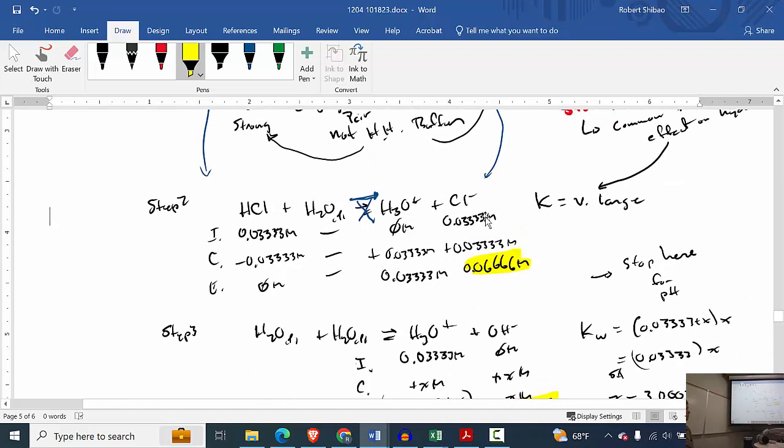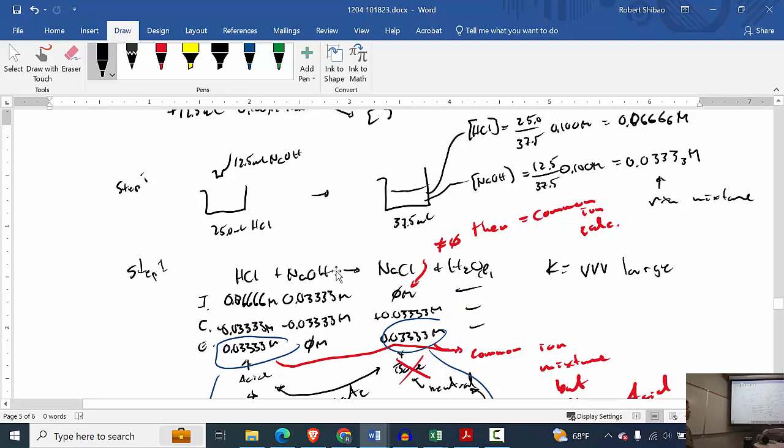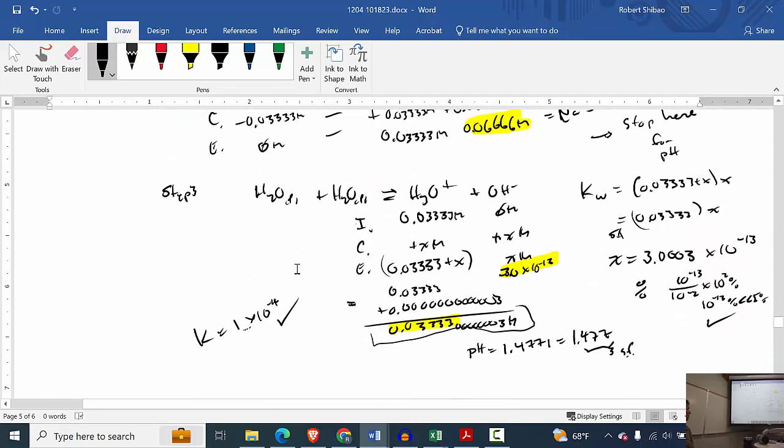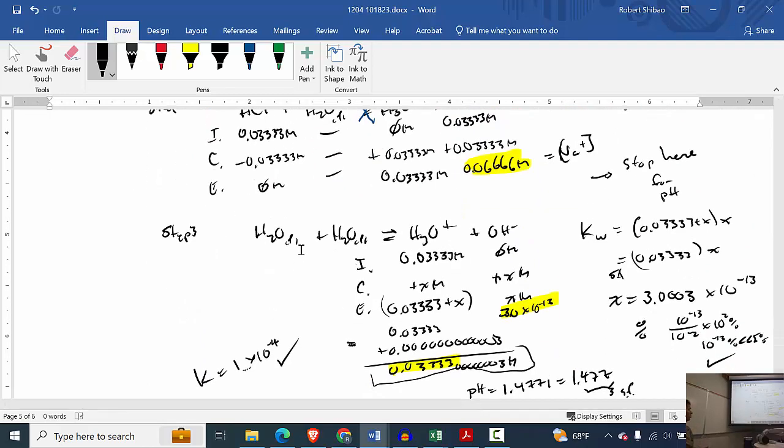Sodium ion concentration should be the same. Oh, no, sodium ion concentration is going to be less, because we only neutralized half of it. We have some unreacted.